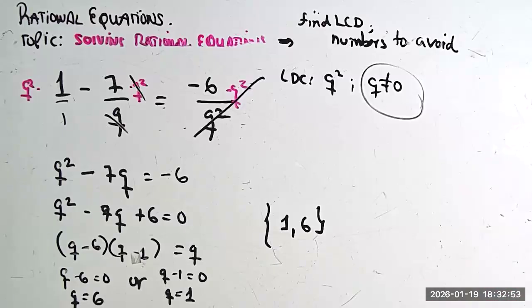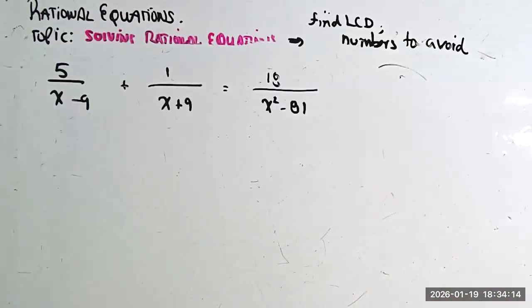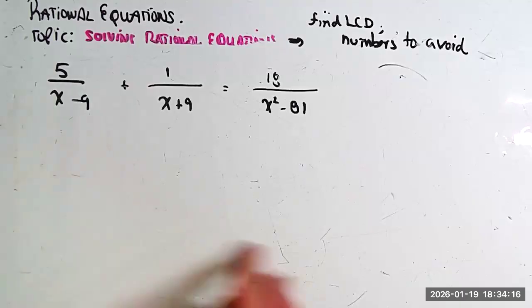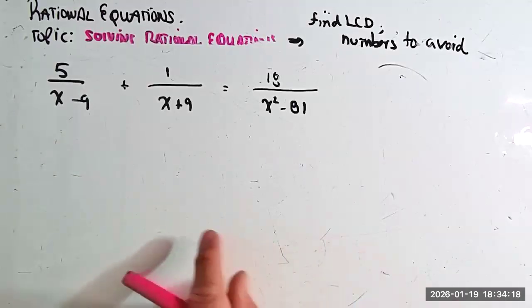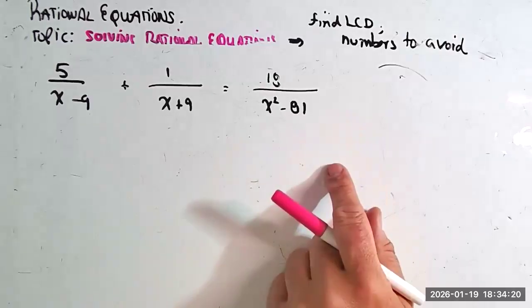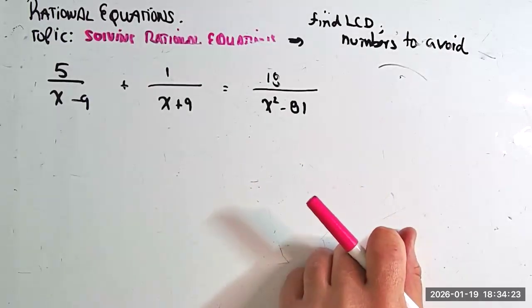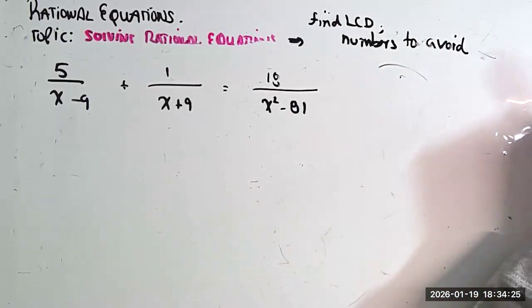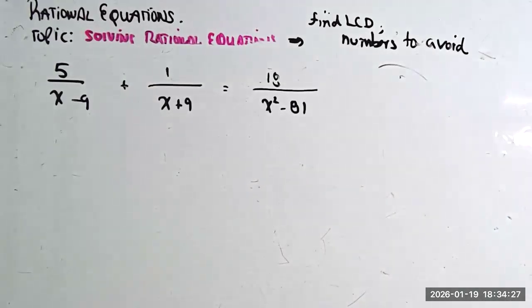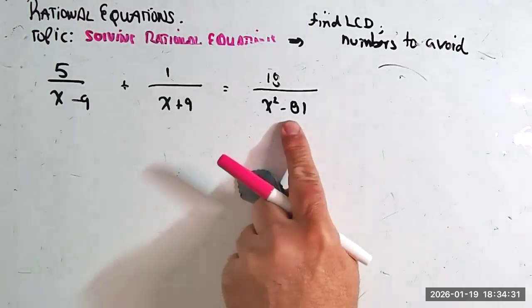Let's try 2 more examples. Okay, let's try this one. 5 over x minus 9 plus 1 over x plus 9 equals 18 over x squared minus 81. Of course, we need to find the LCD. I'm going to factor x squared minus 81.